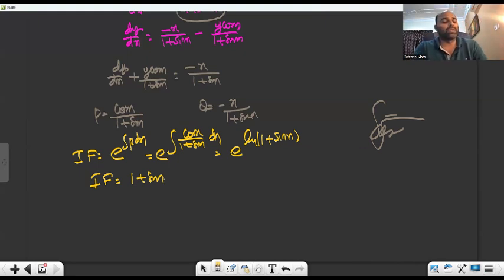Now easily you'll get it, because when you multiply, the integrating factor gets cancelled. We know that y into IF equals the integral of Q into IF.